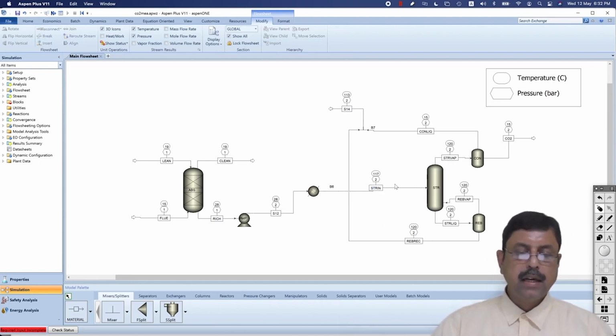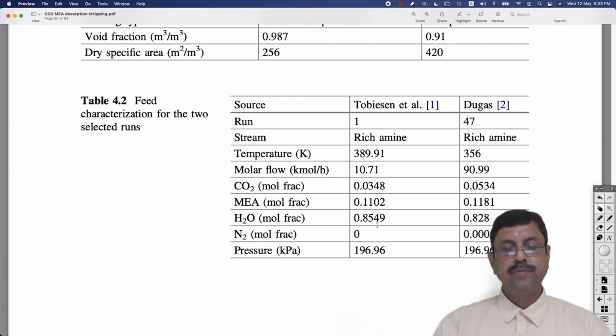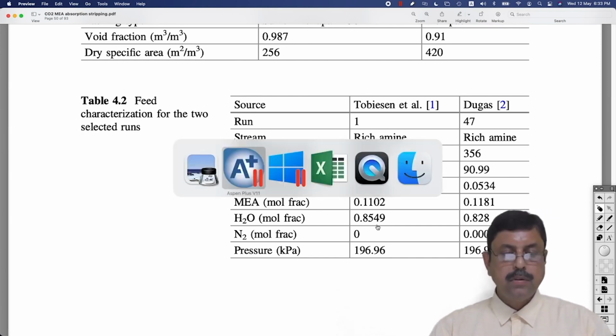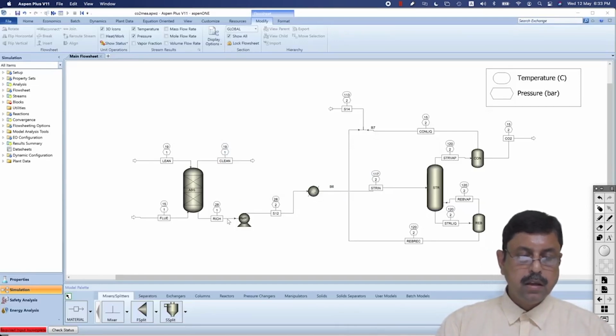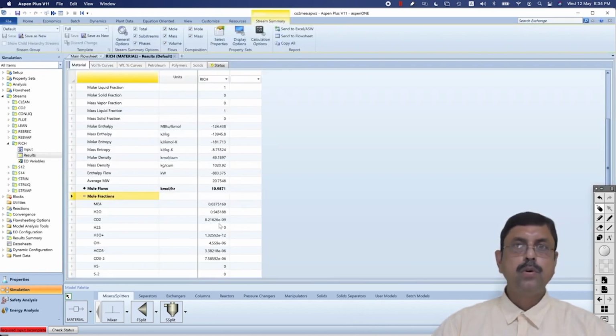Now obviously the composition of the new STR in will be different. Earlier the composition was 3.48% of CO2, 11.02% of MEA, and 85.49% of water. But right now the condition will be of the rich amine, which is actually almost no carbon dioxide.